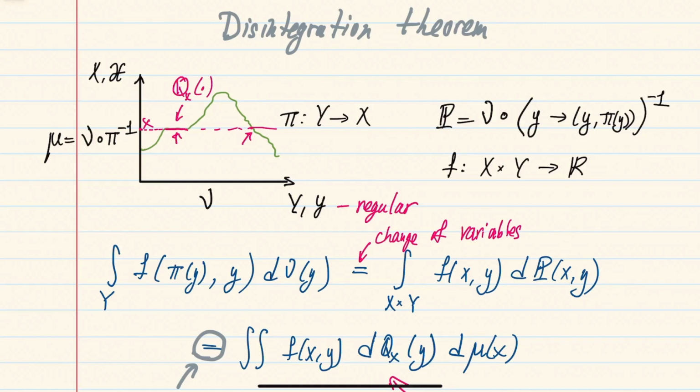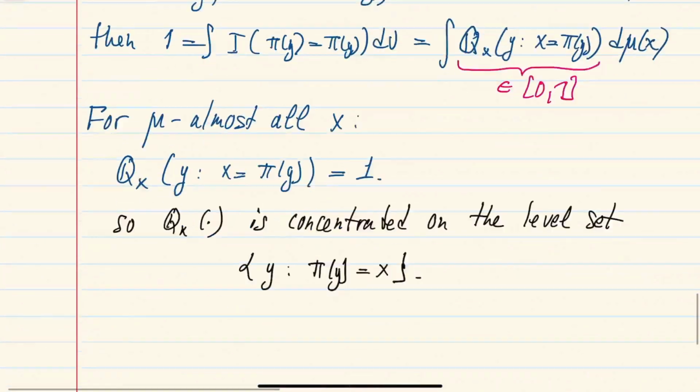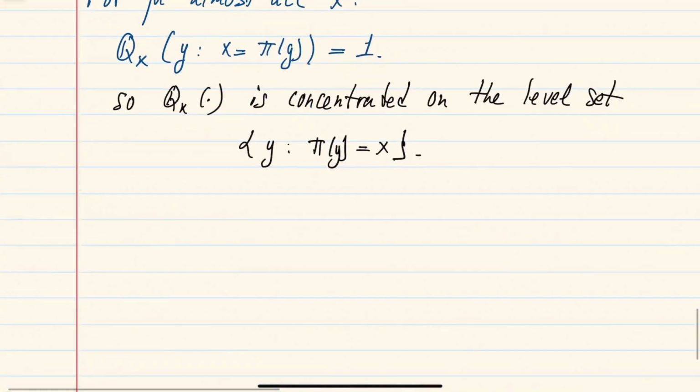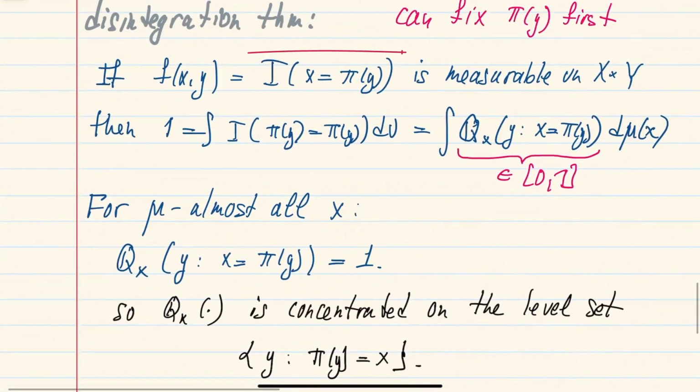Okay, which is kind of natural, but here in this particular statement it does assume that the metric space x, or the space x, is also nice, right? The indicator that we integrated here is a measurable function.